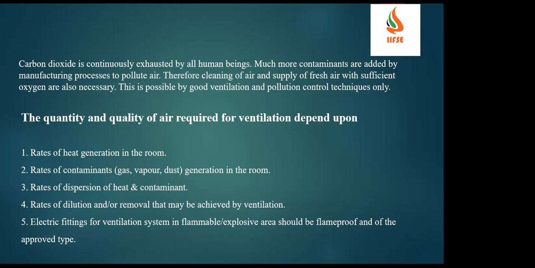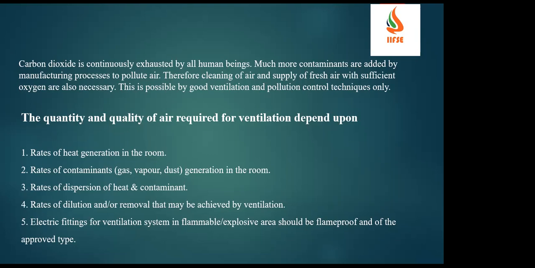Then the next condition is the rate of generation of contaminants, gas, vapor, or dust in the room. What is the rate of contaminants? It means the volume of contaminants generated from your area.